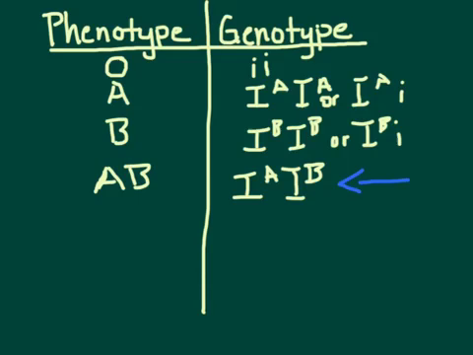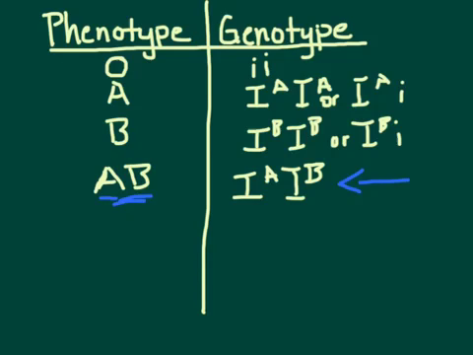We're really looking at them like we did with the sex-linked traits. So we're going by these superscript letters, and the little i's just represent this little recessive trait with the O type blood. So AB blood has A and B together, and they're codominant. They're equally dominant, and that's why we have both A and B in the blood type.